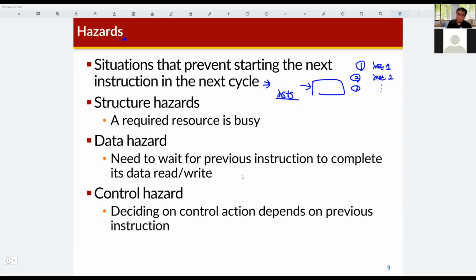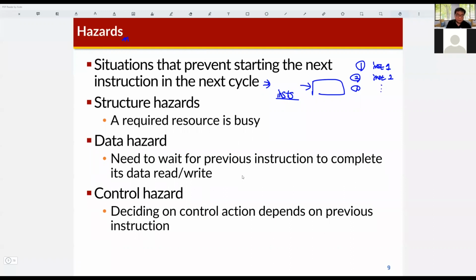But what is the hazard? For some reason, this CPU or processor cannot execute an instruction every cycle. This situation is called hazard. When a hazard happens, a cycle is wasted.